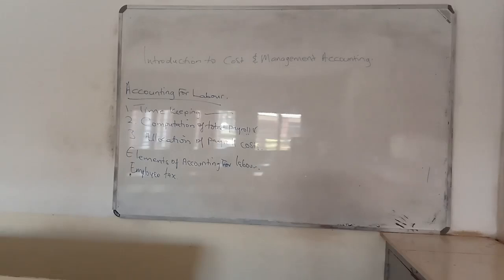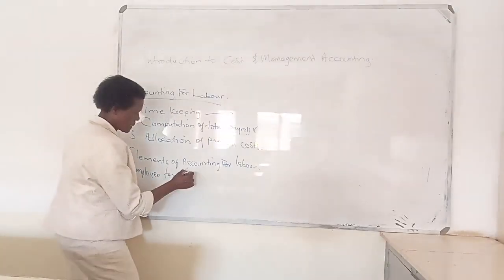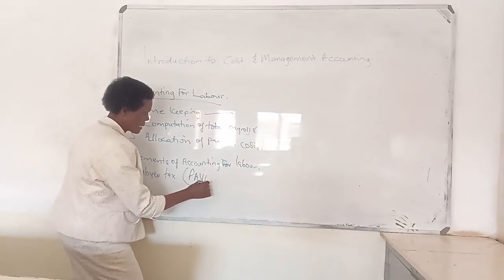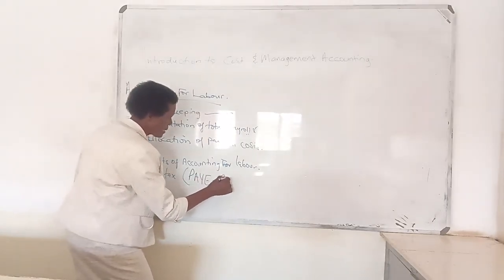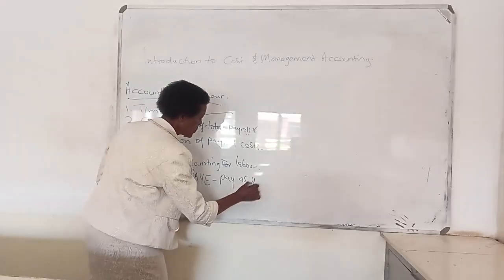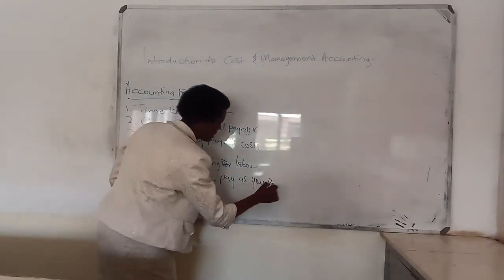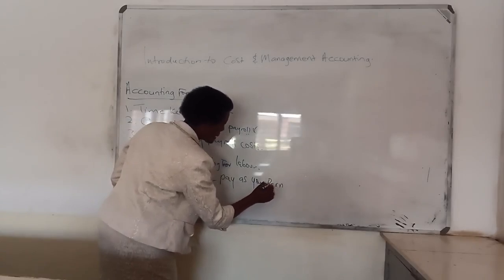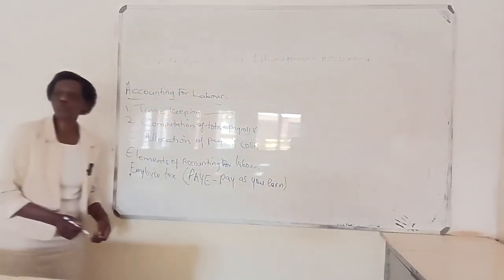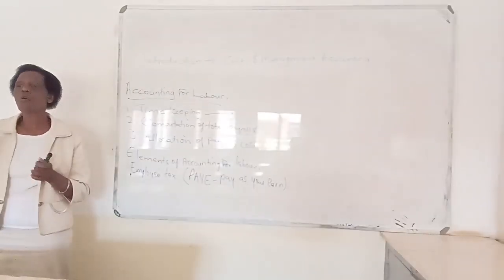Employers are required by law to withhold from their employees' earnings state income tax, and this is called PAYE, P-A-Y-E, meaning pay as you earn. You are supposed to give out tax basing on how much you get.